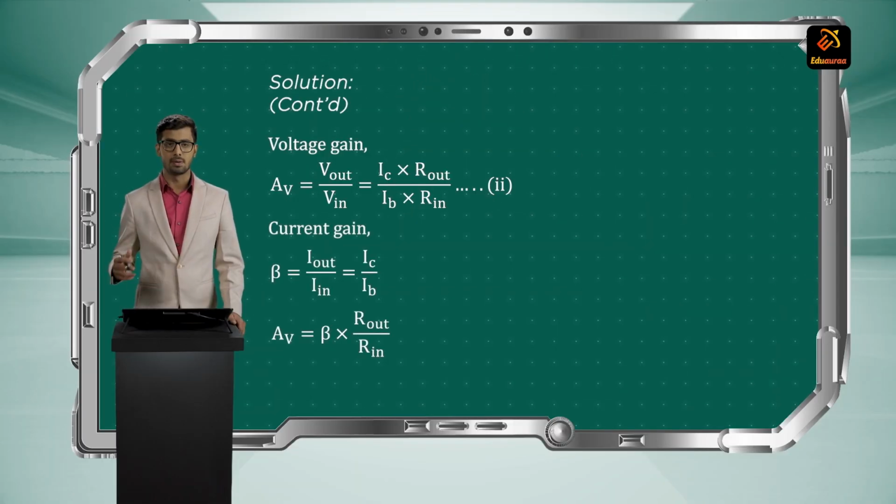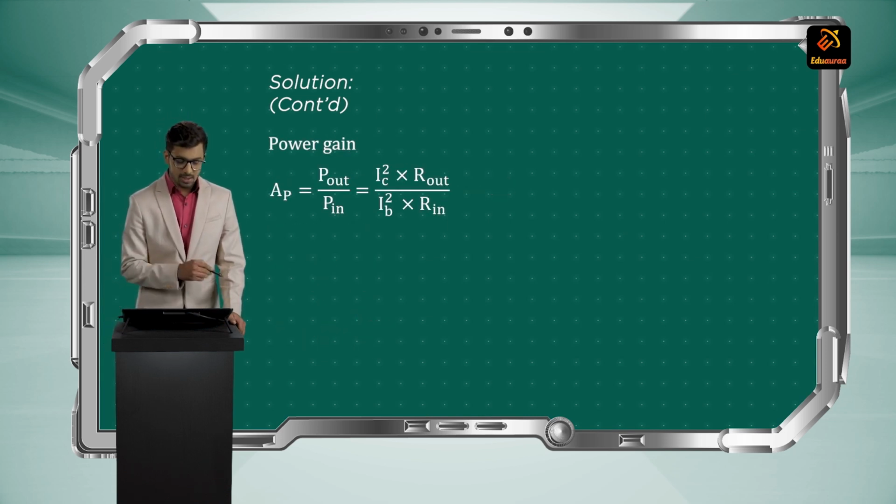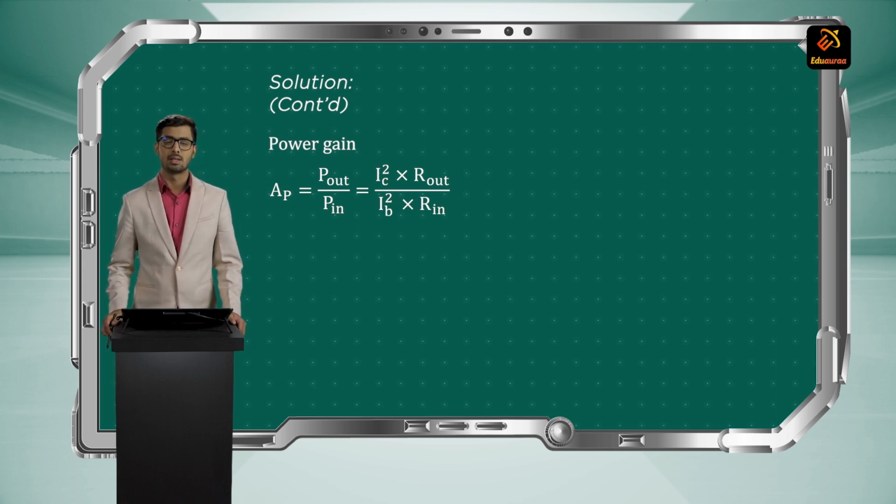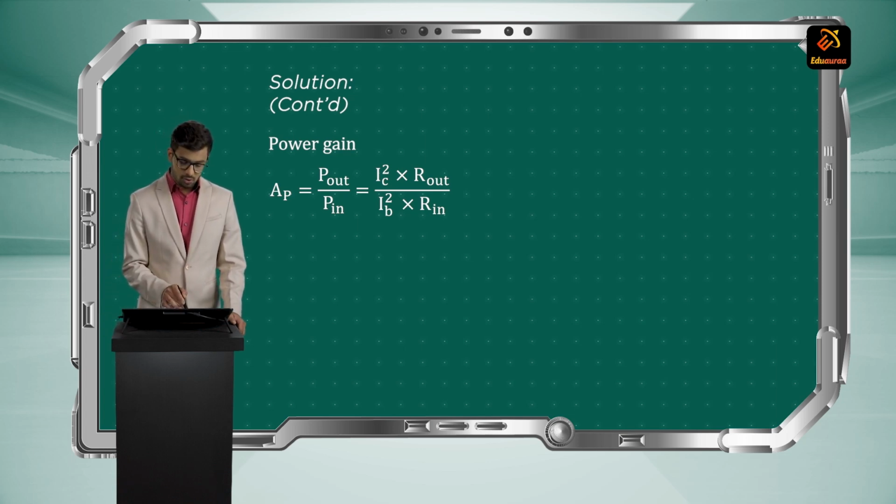Now, let's write the formula of power gain. Power is current squared into resistance. So power gain is represented by A_P, which is equal to P_out upon P_in.